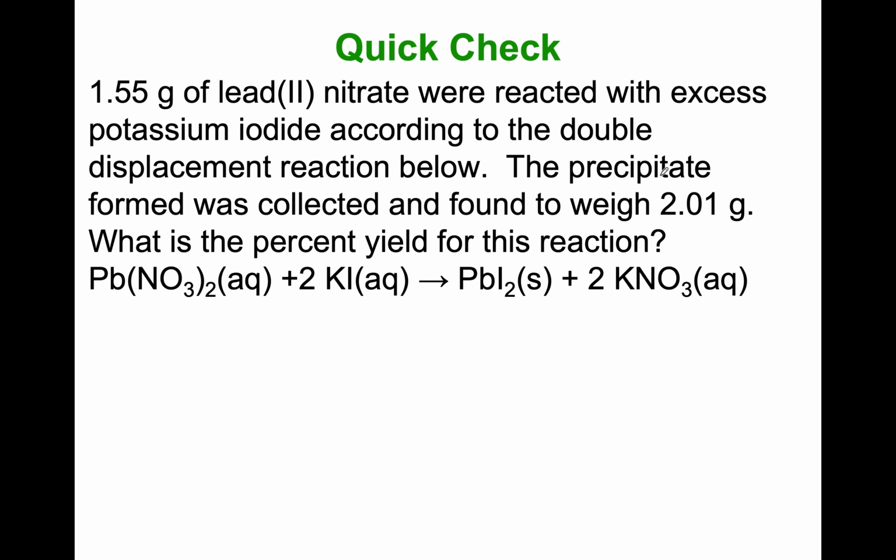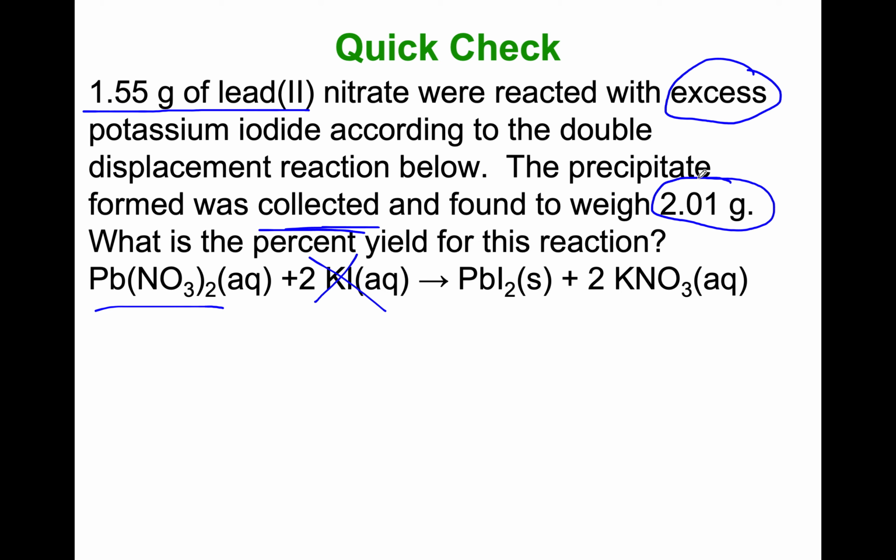All right, so let's take a look here. We have 1.55 grams of lead(II) nitrate, so that's a reactant. And this is not a limiting reactant problem. It tells you the KI is in excess, so we could care less about the KI. Then it says the precipitate was formed and collected. Right away, this should be a red flag. This is an actual yield. If we're asking about % yield, we have the actual yield.